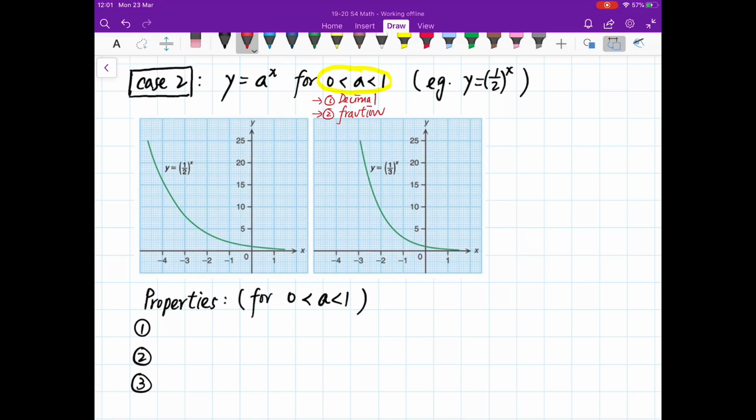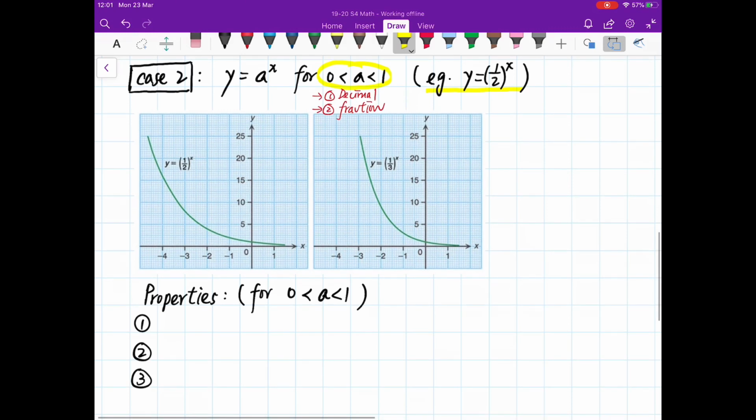On the right, I have shown you an example, that is y equals to 1 over 2 to the power x. And below, the graph shows you y equals to 1 over 2 to the power x and y equals to 1 over 3 to the power x. So you can roughly draw the graph in your notebook.